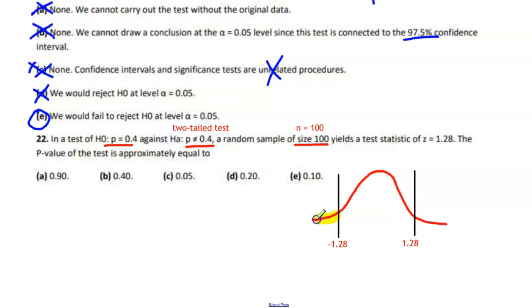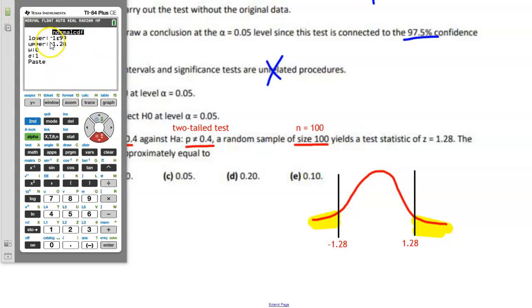Now we're looking for the area under the curve back here, and we're looking for the area of the curve up here. So that means we're going to be using normalcdf twice. Or I might be able to use a shortcut. Normalcdf with the lower bound being negative infinity, the upper bound being negative 1.28. I'm finding this area here, plug it in, and it gets 0.10027. Let's write that down. And of course, if this value is 0.10027, this value is also 0.10027.